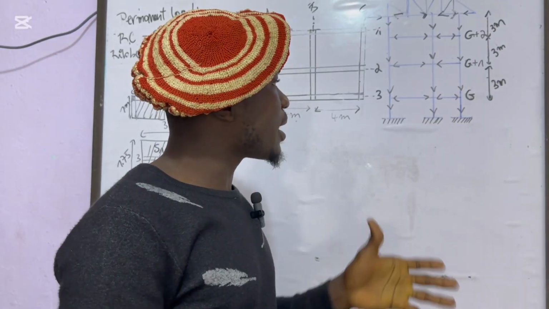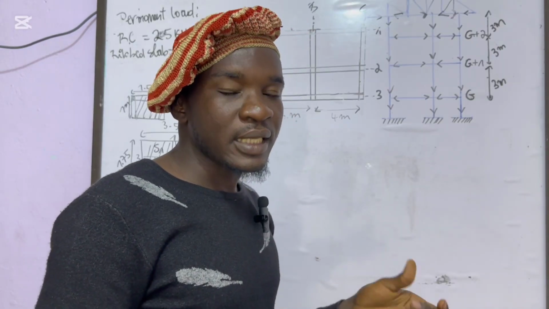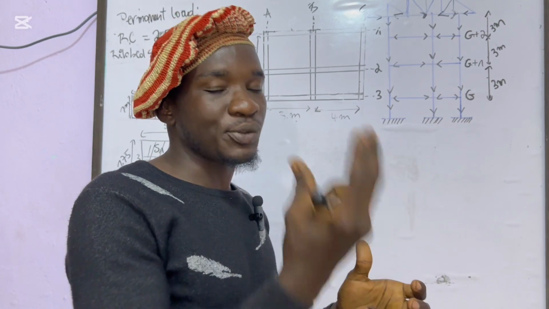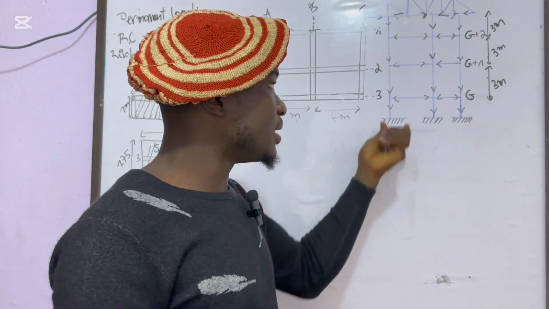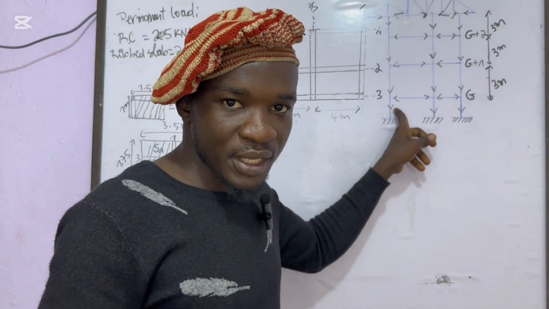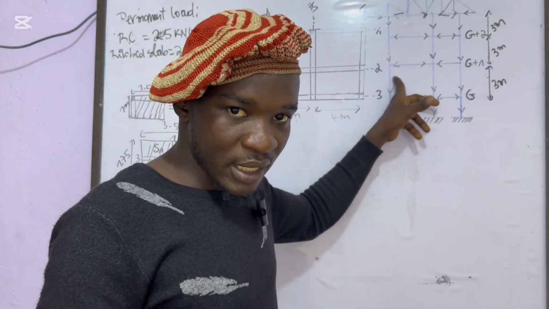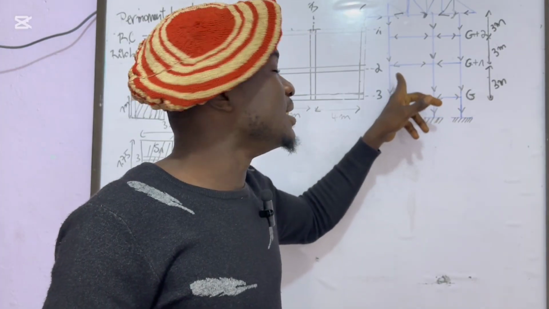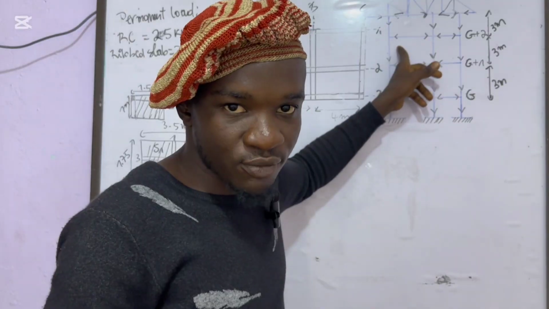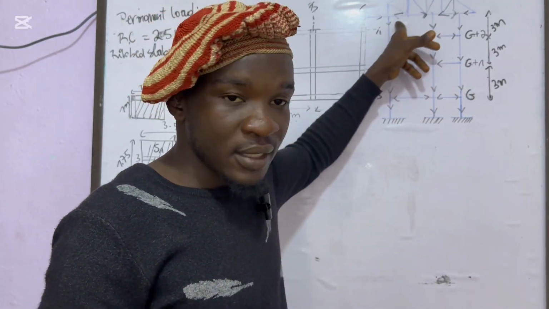That's why mostly you hear them say the structure is lighter as we go up. Normally the section of the column at the dwarf pillar level or the ground floor will be bigger than the section at the first floor, which will also be bigger than the section at the second floor.